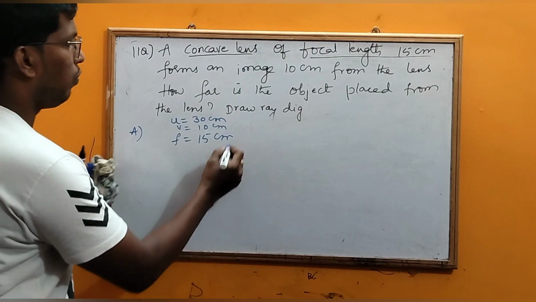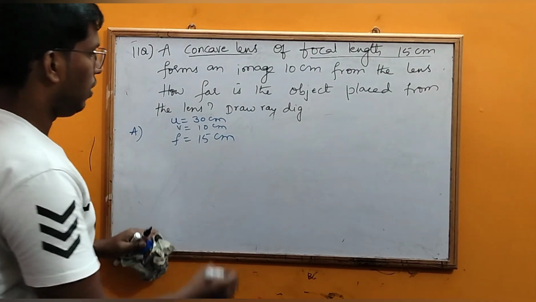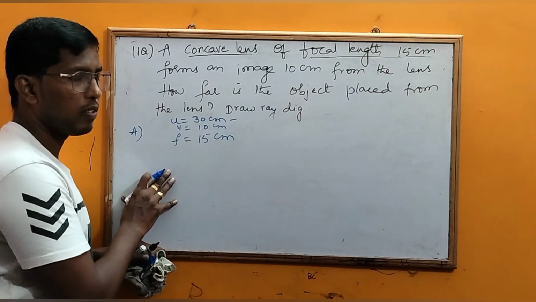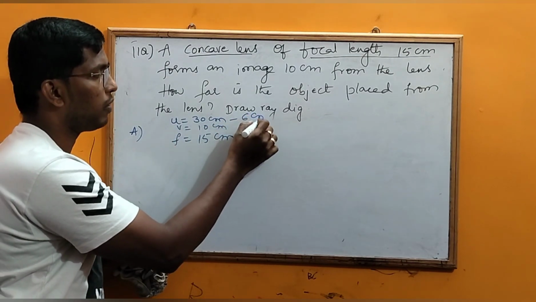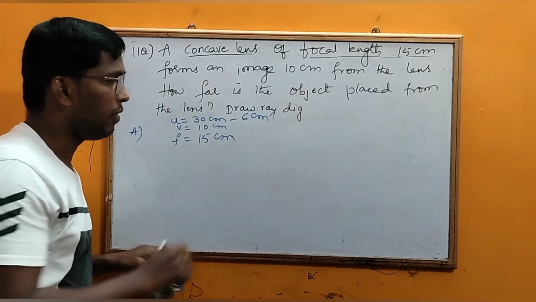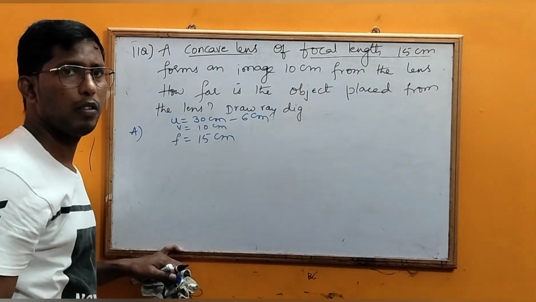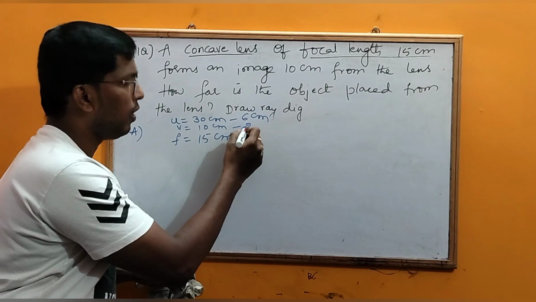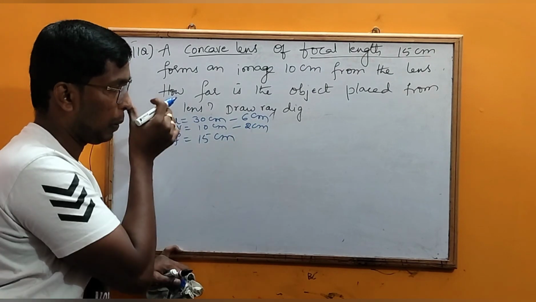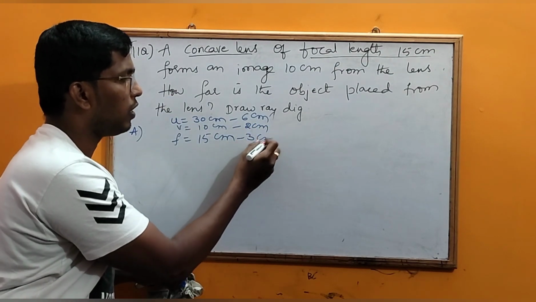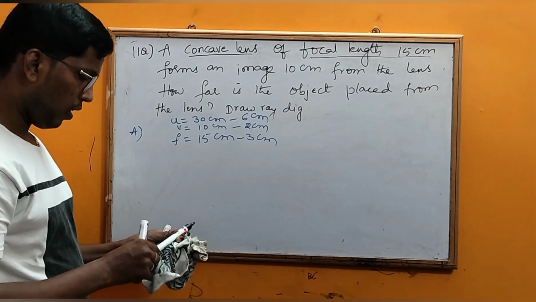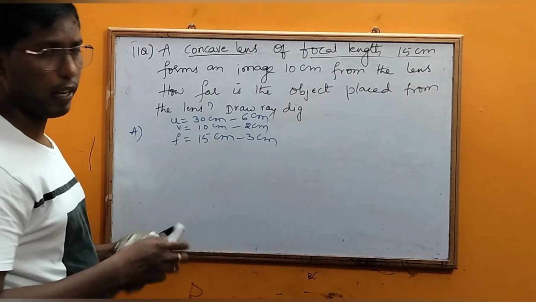I will consider the object distance 30 centimeter as 6 centimeter, because it is possible to take these values in the book. 10 centimeter as 2 centimeter and 15 centimeter as 3 centimeter. These are the measurements. Using these measurements, draw the diagram.